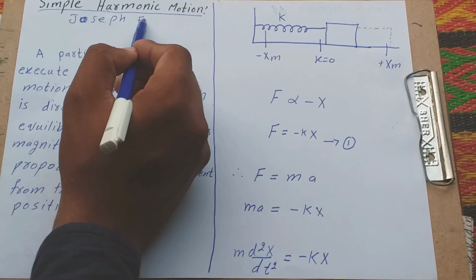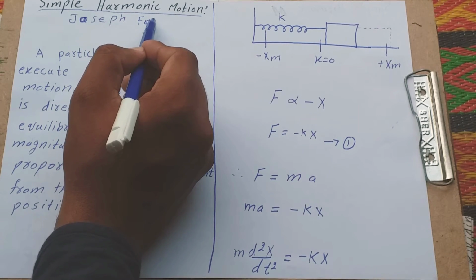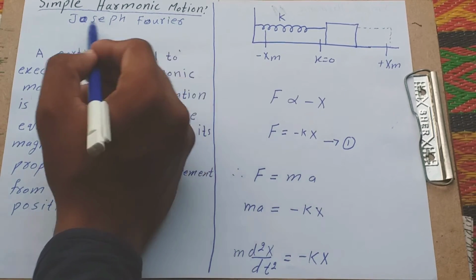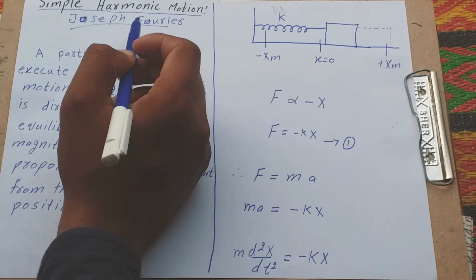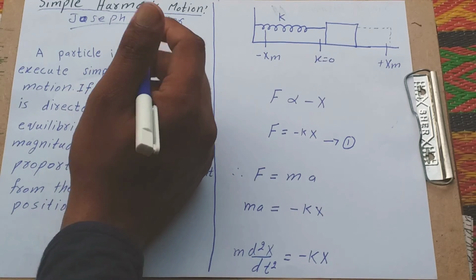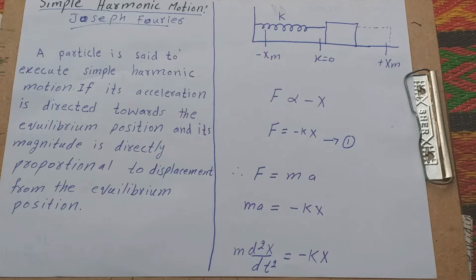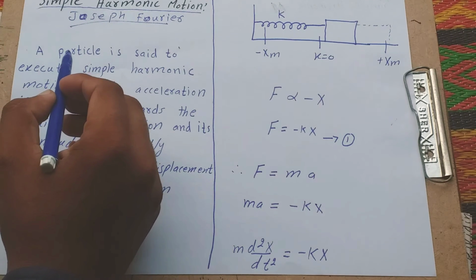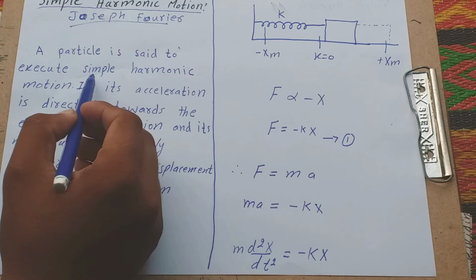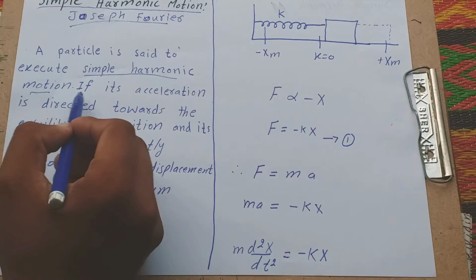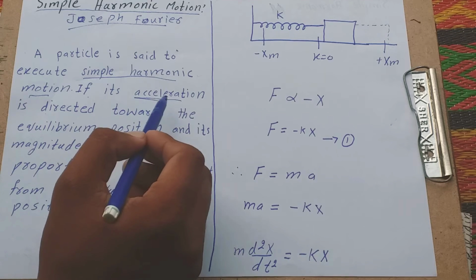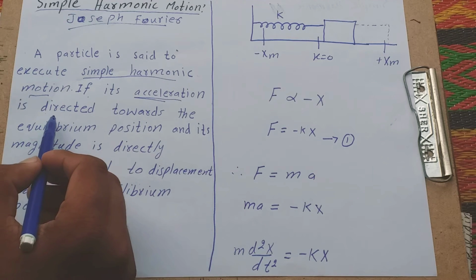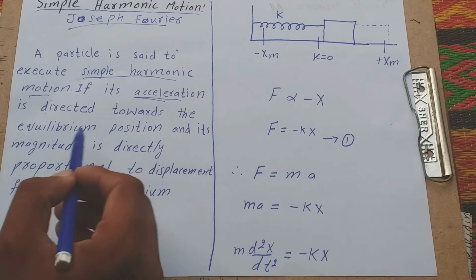And how does it define simple harmonic motion? A particle is said to execute simple harmonic motion if its acceleration is directed toward the mean position.